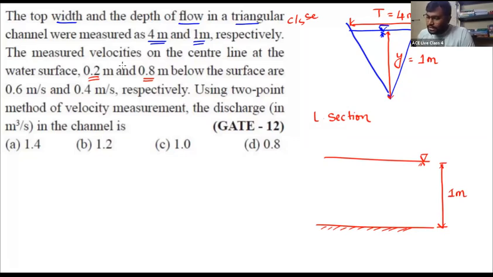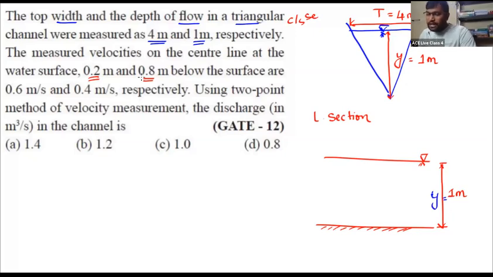And whatever the measured velocities on the center line, this is the center line, the depth is going to be 1 meter, right? And the velocities they have measured at a depth of 0.2 meters. See, if y is equal to 1 meter, then what is 0.2y? 0.2 meters.